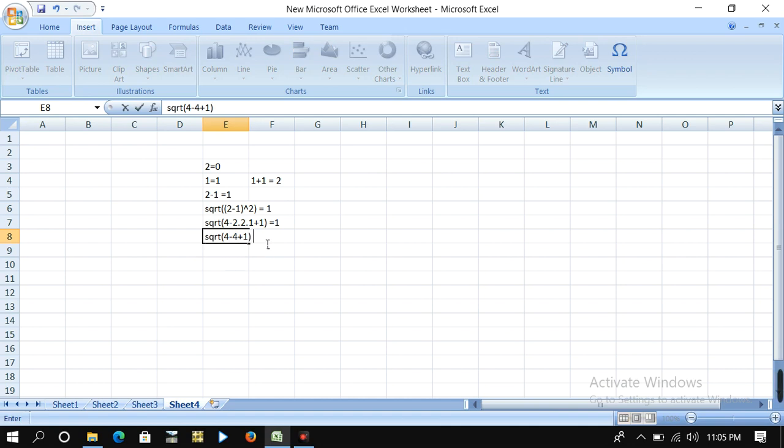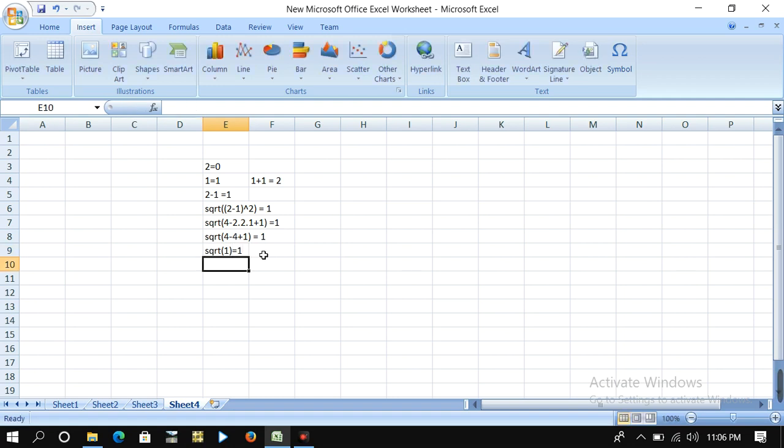Then what will be next? The next step is, 4 minus 4 is 0, so the square root of 1 is equal to again 1. So we're doing good, we're fine.